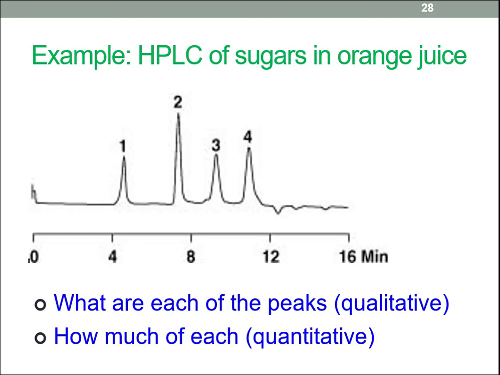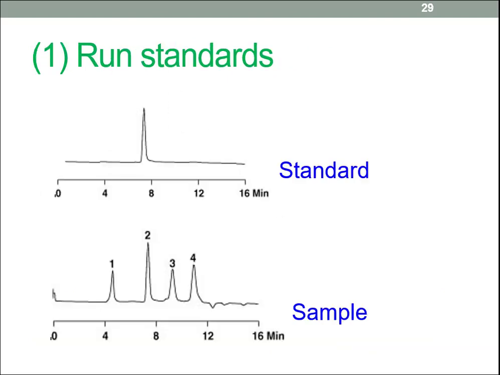Again, we see the distinction between qualitative and quantitative data here. So what we do is run a standard and identify the retention time of each of the expected components. In this case, sucrose comes off at just under 8 minutes. So we can say with a reasonable degree of certainty that a peak at around the same time is going to be sucrose. Not necessarily true, but we tend to optimize the experiment so that this is the case.